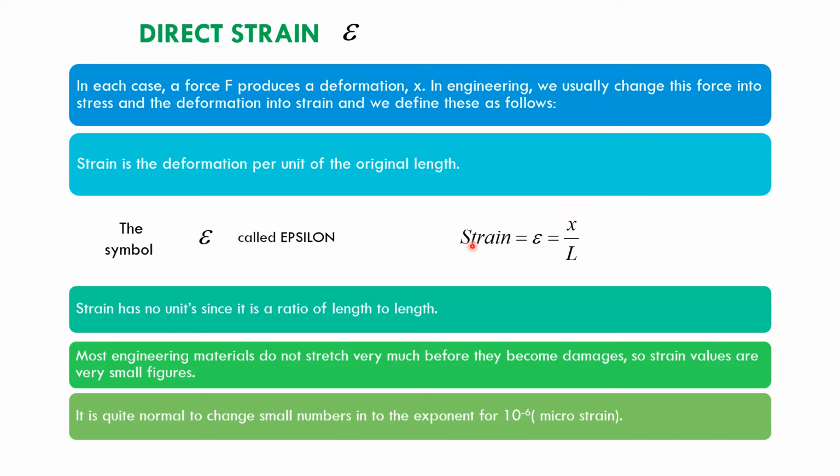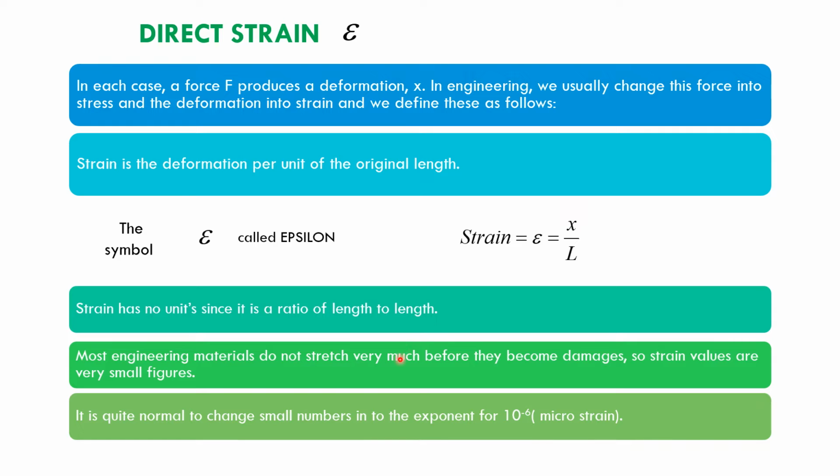Okay, so if we want to put it into an equation, strain equals epsilon equals deformation over the original length. So for the strain, it has no unit because both are lengths. Okay, so this is considered a ratio. For most engineering materials, it will not stretch too much.